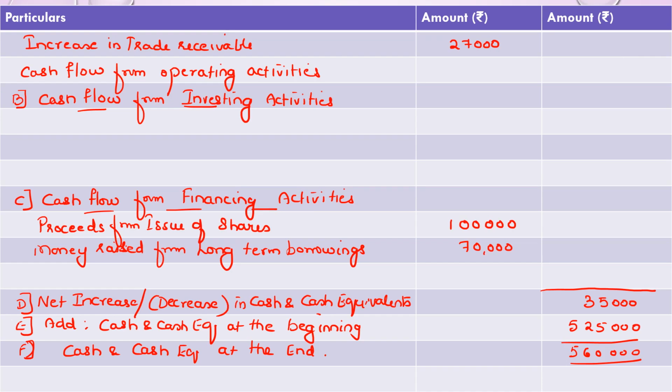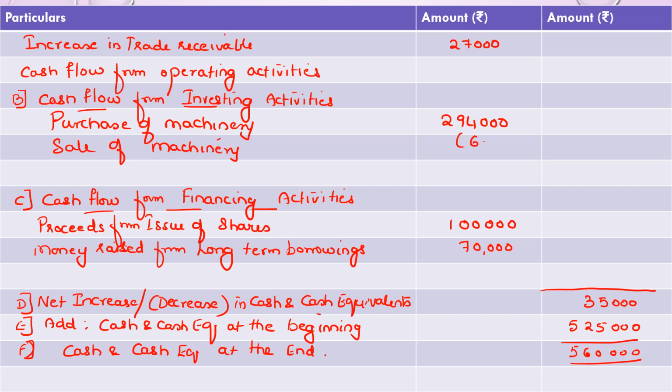So going here, I'm going to write purchase of machinery 2,94,000 and sale of machinery, you get an inflow of 6,000. Sorry, this should be in bracket and this would be without bracket because it's an inflow.